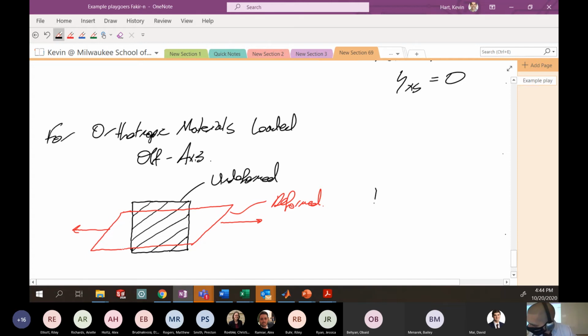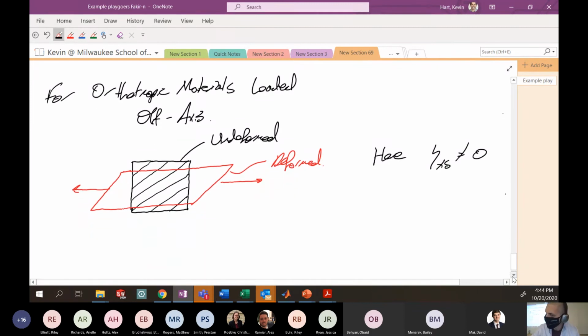So here, the shear strain is not equal to 0, because we've formed some angle here. Actually, the shear strain is here. This angle here is your gamma xy.